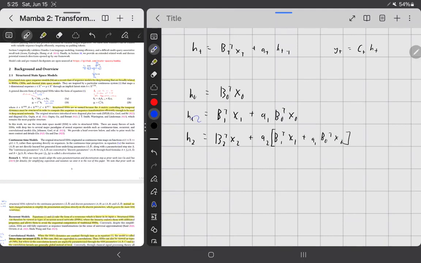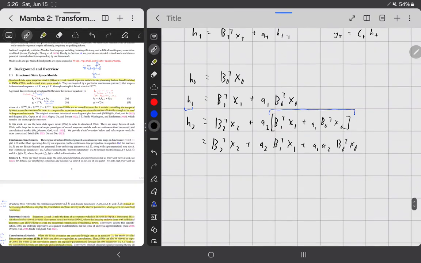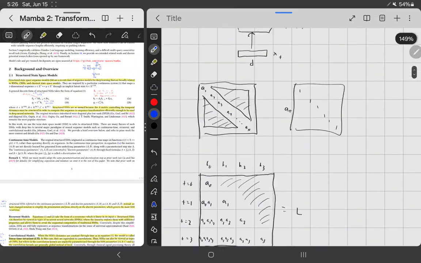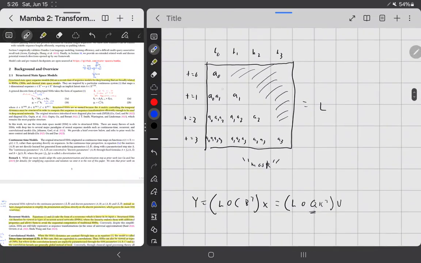This is just taking this hidden state here and putting it right here. And this is equal to B2 transpose X2 plus A2 B1 transpose X1 plus A1 times A2 B0 transpose X0. So you can see this compounding scalar here, and it is this part here.